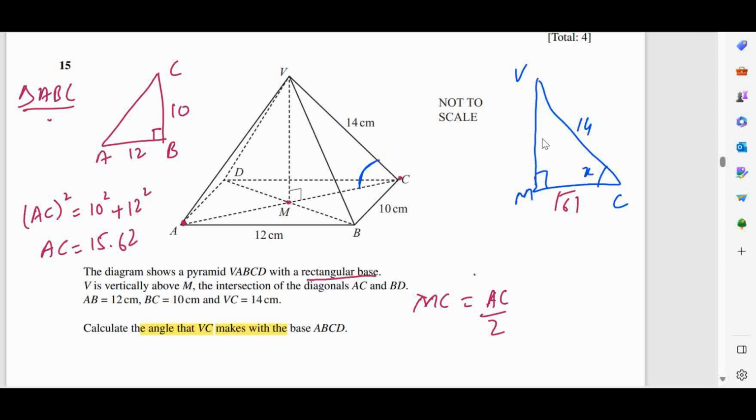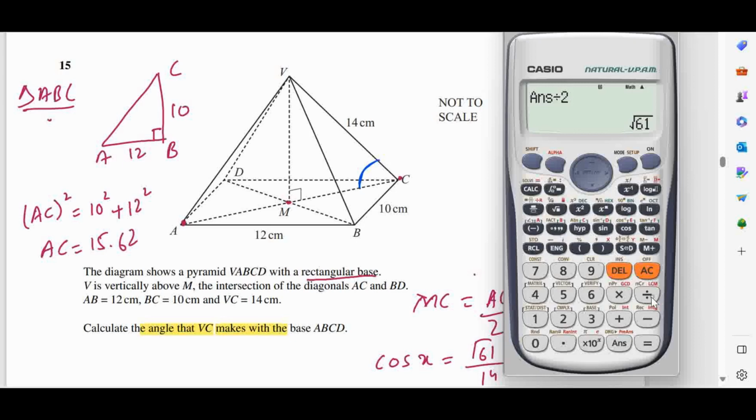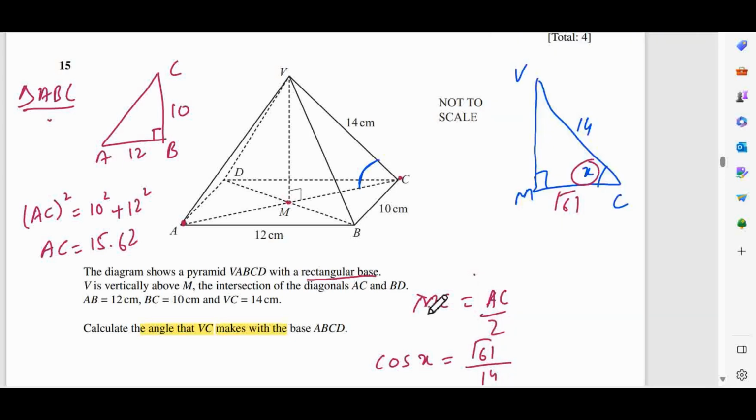Now we can easily find the angle X. We know the base, we know the hypotenuse. So cos of X will be equal to the base, square root of 61, over the hypotenuse. So square root of 61 divided by 14 will be equal to this thing.